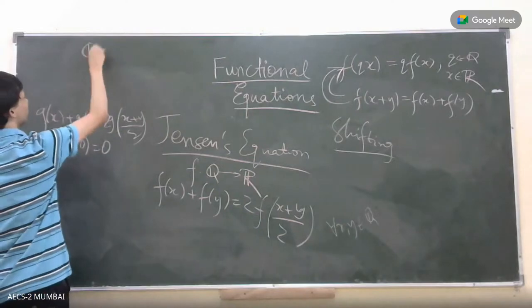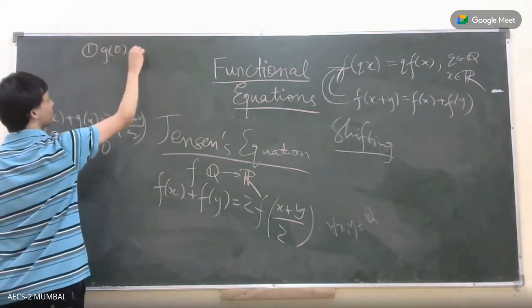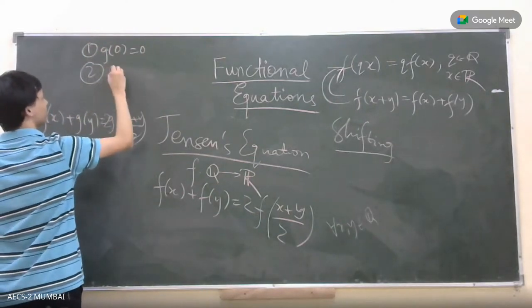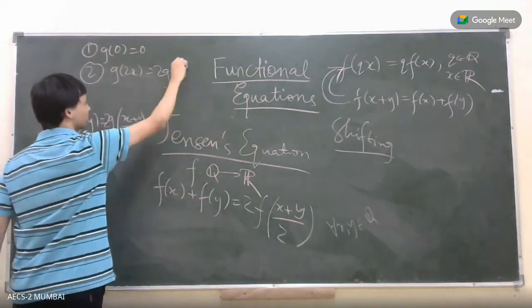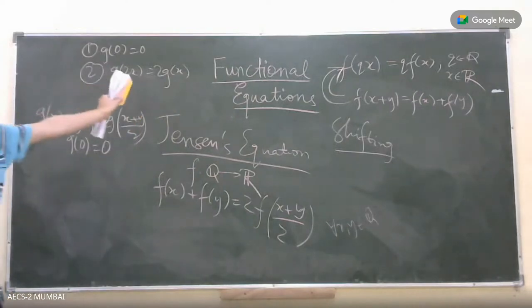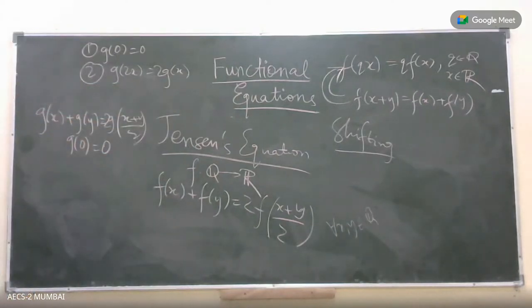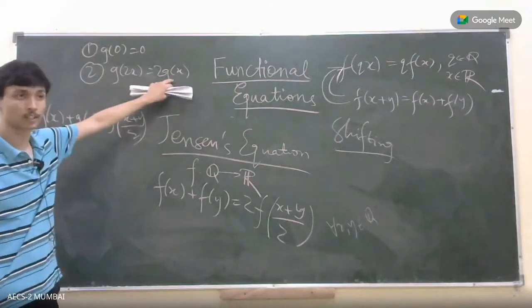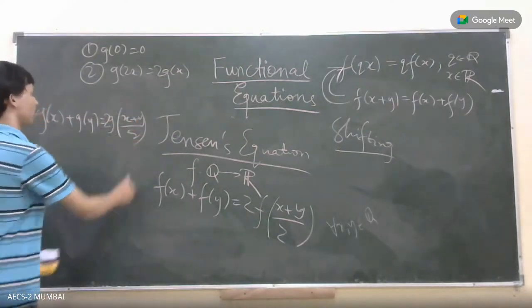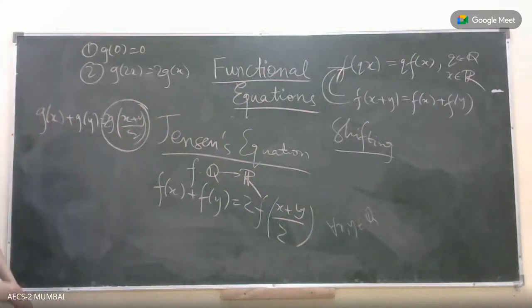So what do we know until now? g(0) = 0, g(2x) = 2g(x). These are the two things that we know. Now if g(2x) = 2g(x), what is 2g((x + y)/2)? g(x + y).